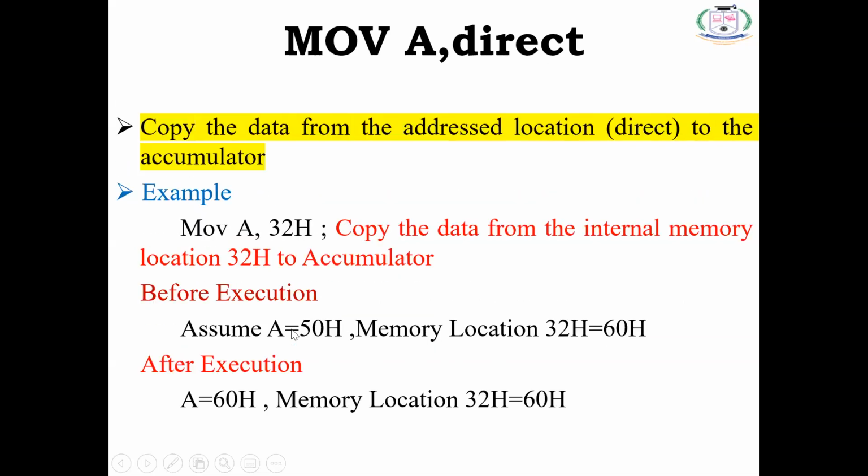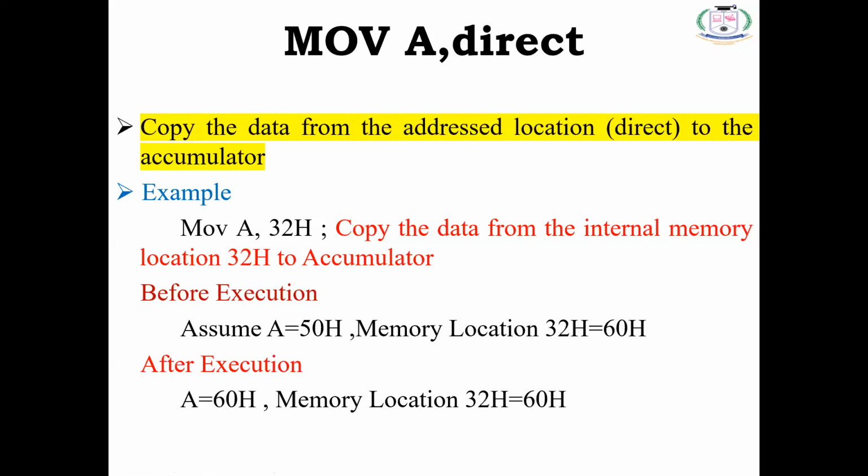What does the H stand for? Hexadecimal. Always remember, if I am putting H, we all know this is assembly language programming. Using an assembler, we convert our program to machine level code.